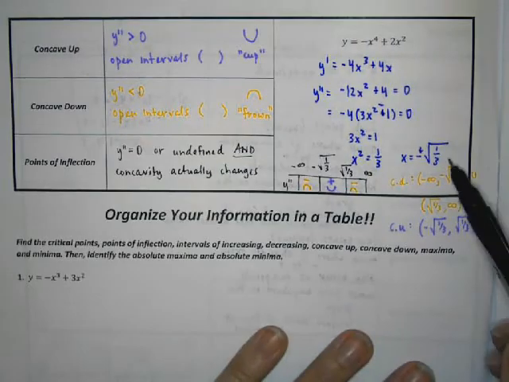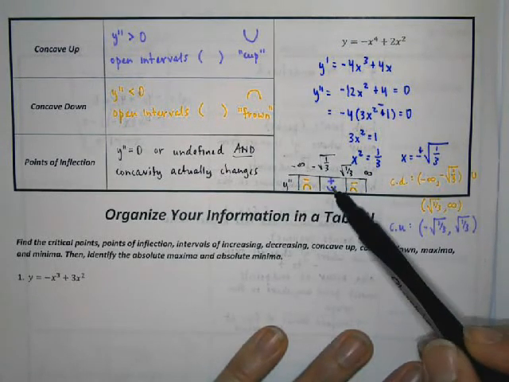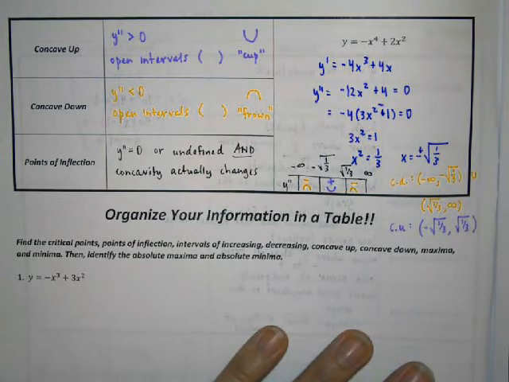So that tells me I do have 2 points of inflection. These actually are my points of inflection because at both of those points, my concavity changed sign.